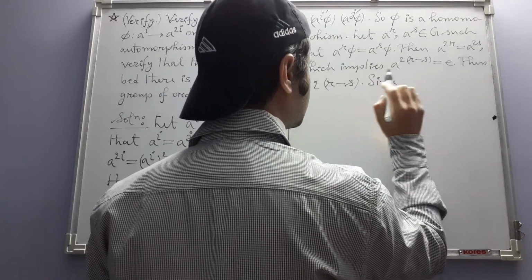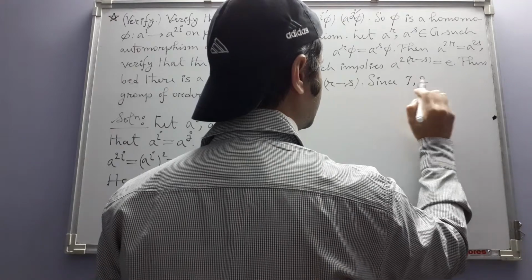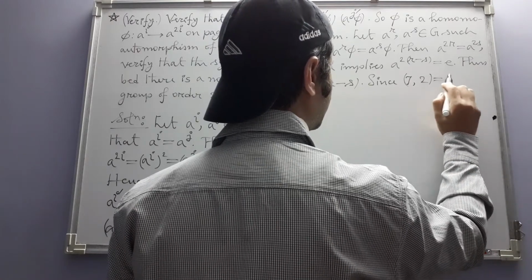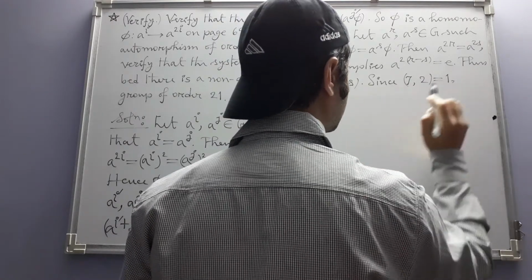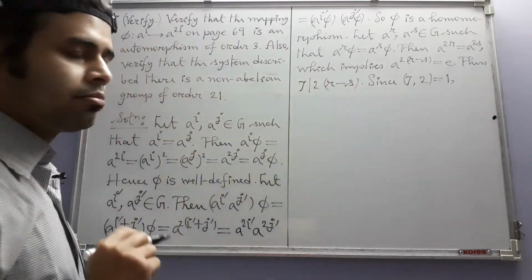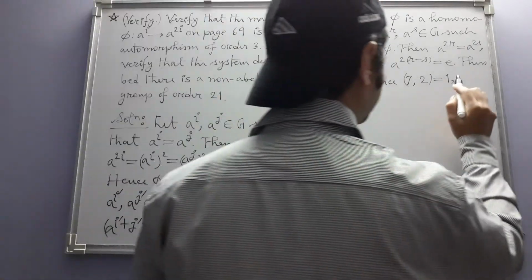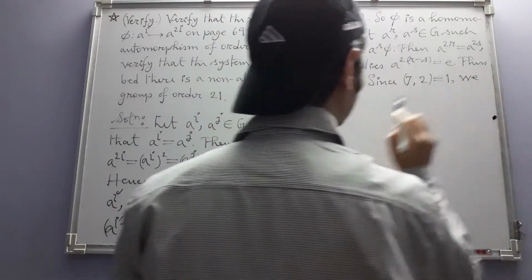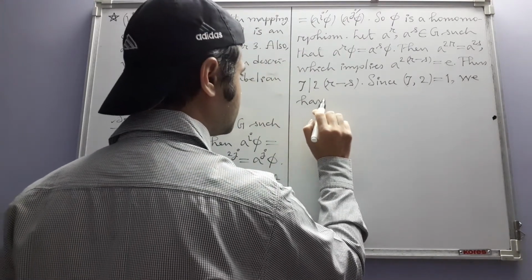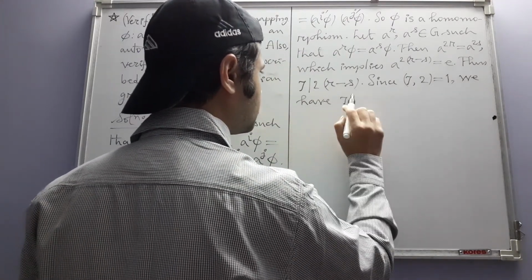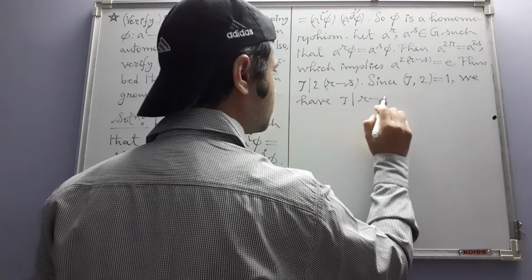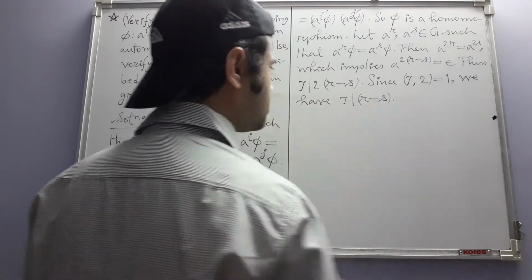Since 7 and 2 are relatively prime, since their GCD is 1, from a previous number theoretic result, we have 7 divides r minus s.